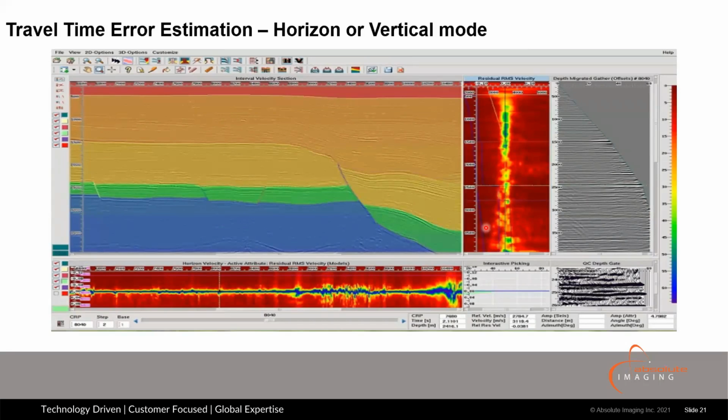Okay, so when we are doing the estimation of the travel time errors, we can be in the horizontal or vertical mode. When we are picking in a vertical mode, we can pick the residual velocity. That's a normal, standard approach. But what we can do is pick along the horizons, right?